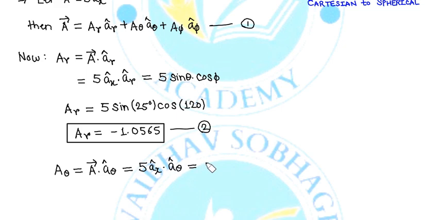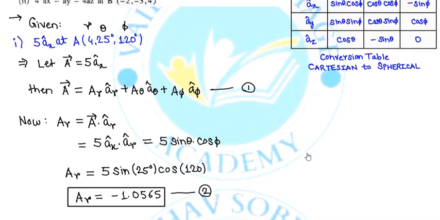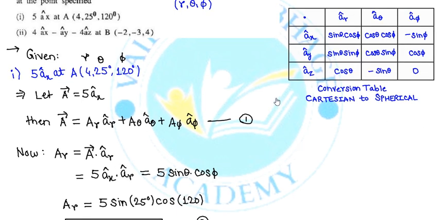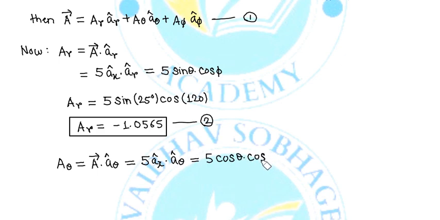And what is that dot product between ax and A theta? We are going to make use of this table. We have to find the dot product between ax and A theta, which is cos theta cos phi, from that conversion table.